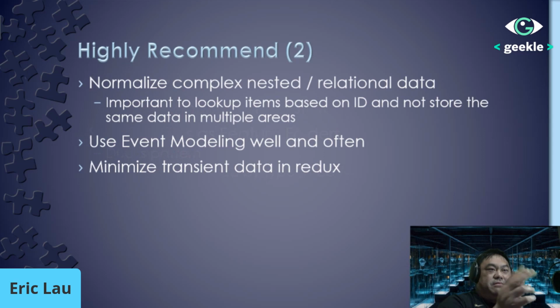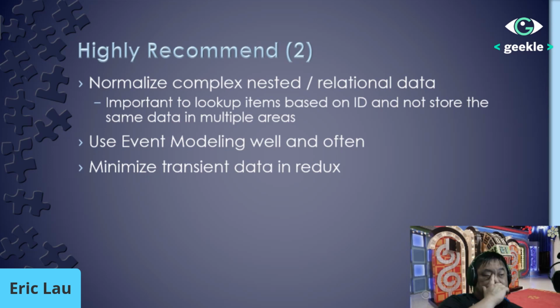Also, about the data itself, going more towards the actual structure of the data in Redux: normalize complex, nested or relational data, right? So a lot of times when I've got a data entity, like a set of data, I often don't put it in an array, especially if it's something that I know I need to access singularly a lot.